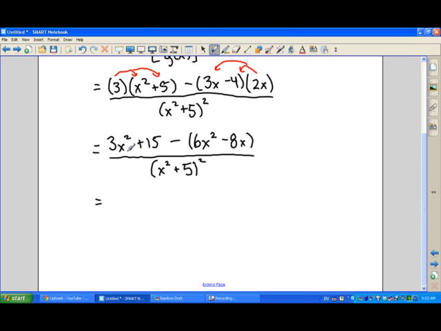Simplifying now, I can continue to distribute that negative sign into these brackets.